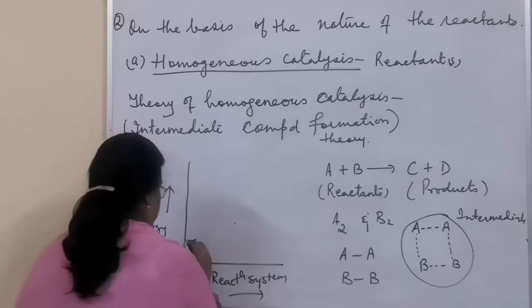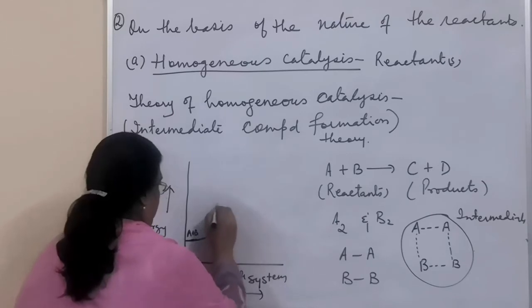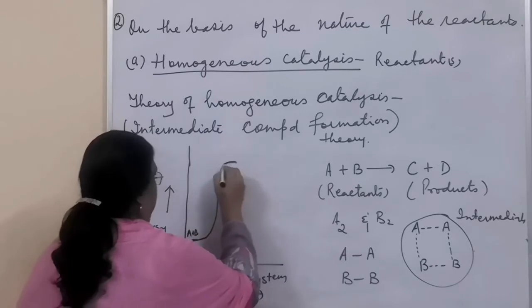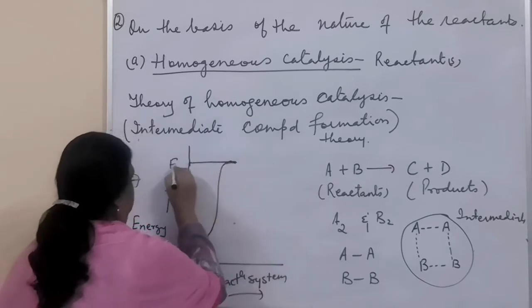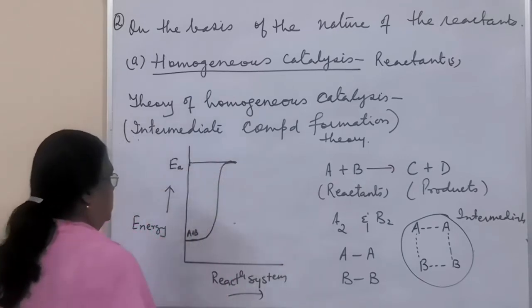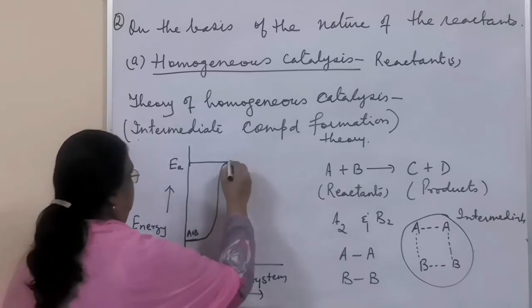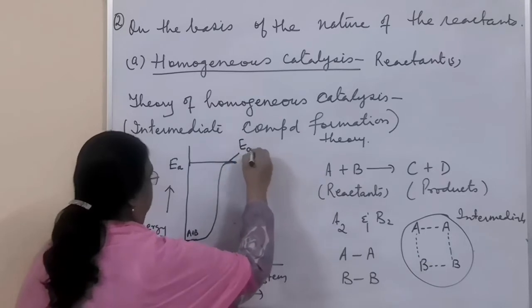So if the reactants A plus B have gained so much energy and reached this height, let this energy be the activation energy. Then the activated complex is formed.